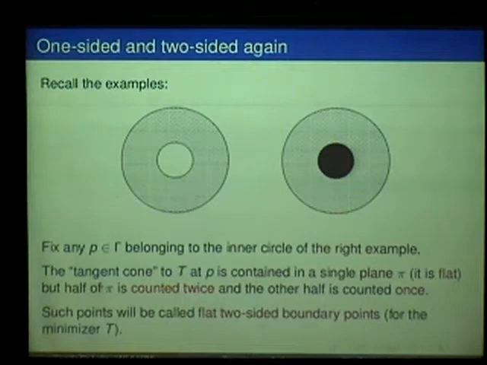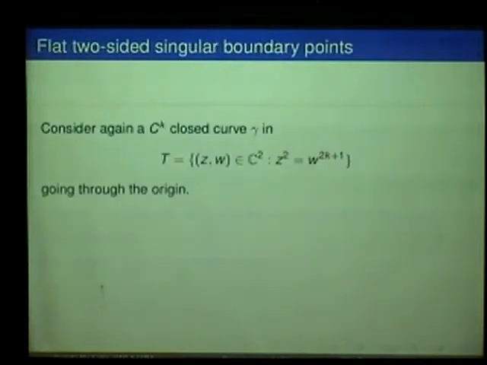So we will call such points two-sided boundary points, but we will also call them flat, meaning that the tangent cone is flat, right? Because you could have actually points where the tangent cone is not flat and the surface is lying on both sides. Okay? Now, there is a fundamental problem here, that is at points at the boundary which are flat and two-sided, I cannot claim that I have full regularity.